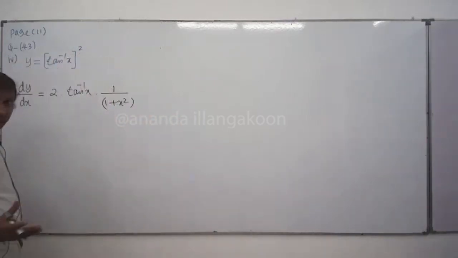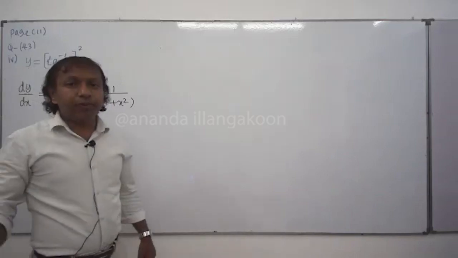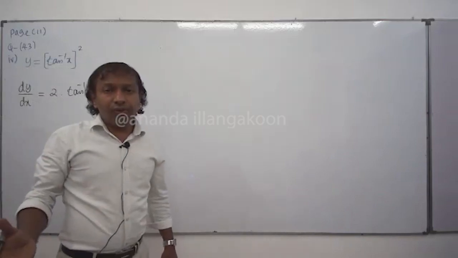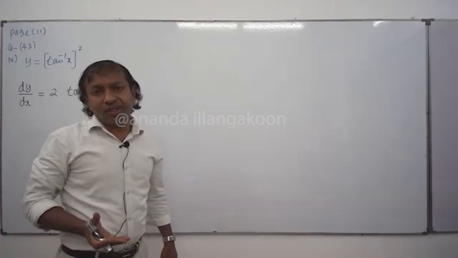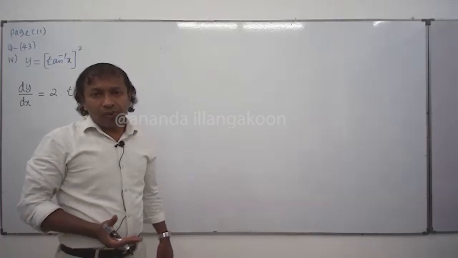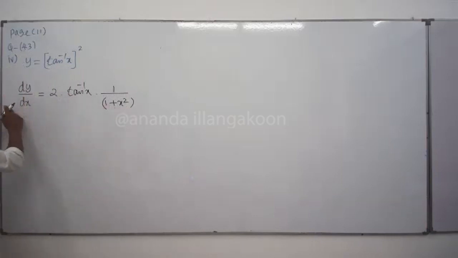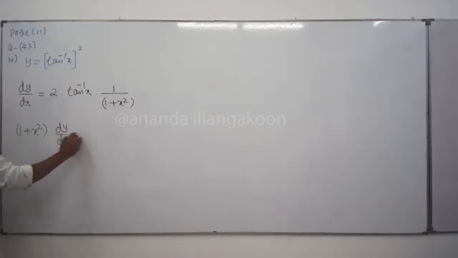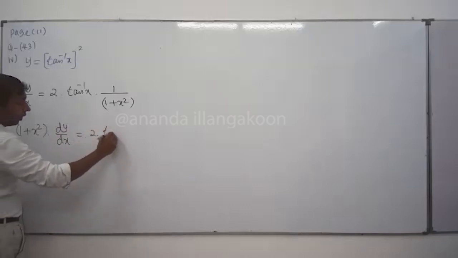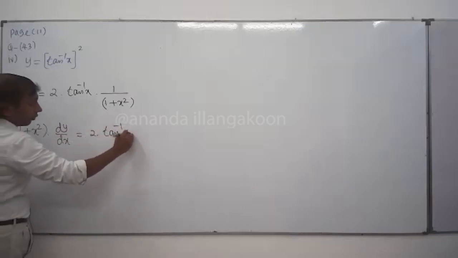Now in the answer, people, the second derivative is not available. Therefore, we have to differentiate this once more. For this, what I do is take this 1 plus x squared to the right hand side as cross multiplication. Then 1 plus x squared into dy by dx is equal to 2 tan inverse x.